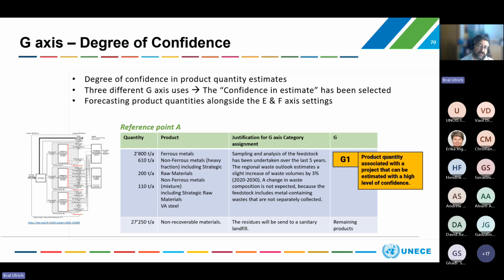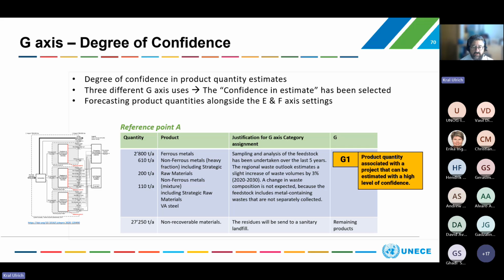And these are the quantitative data, and then you have to provide a qualitative description. For instance, that sampling and analysis of the feedstock has been undertaken over the last 5 years. The regional waste outlook estimates show a slight increase in terms of volumes by 3%.